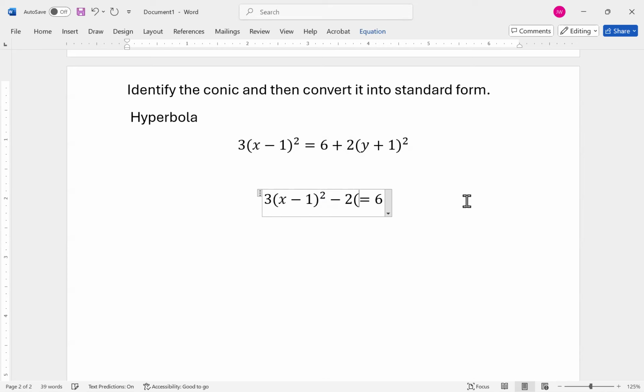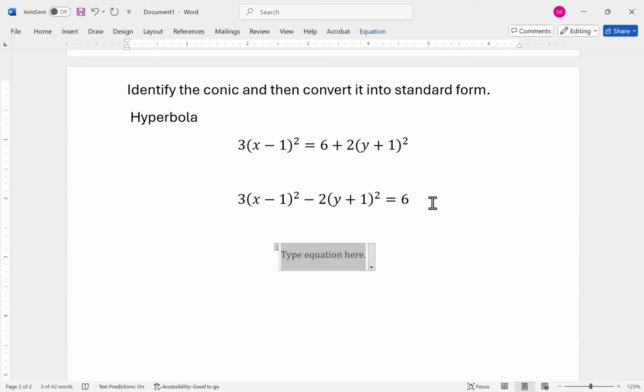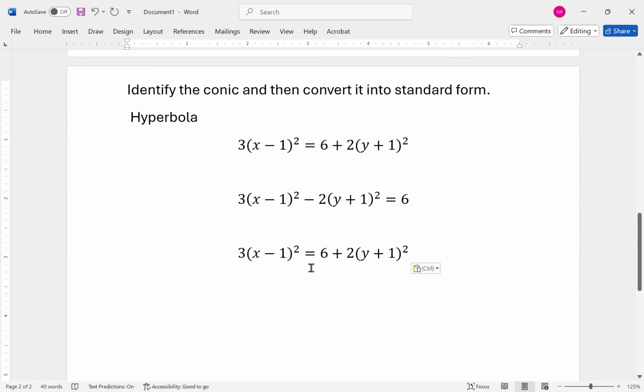That's pretty easy to do by subtracting 2 times the quantity y plus 1 squared. And then with a hyperbola, I have something squared over a squared plus or minus something squared over b squared is equal to 1. So I need to divide everything by 6. If I divide everything by 6, on the right-hand side, I'll get a 1.